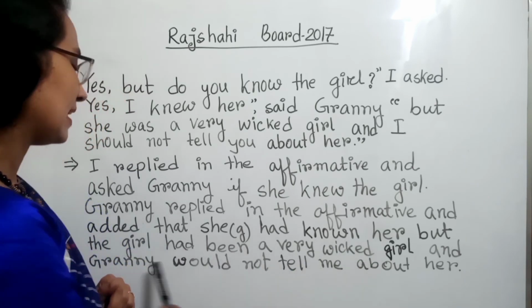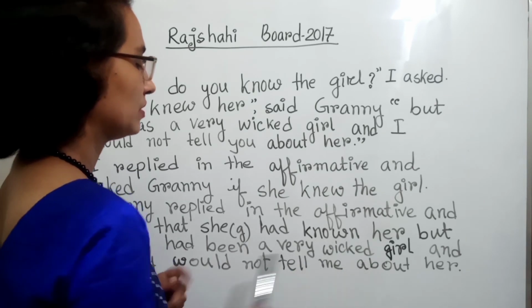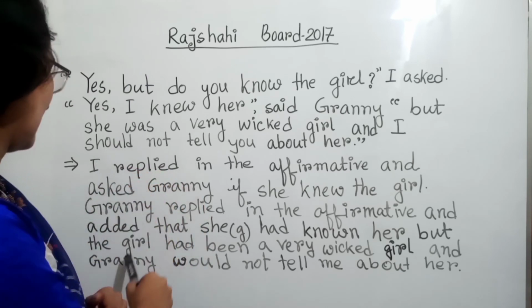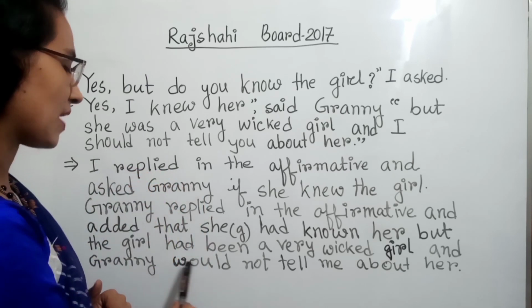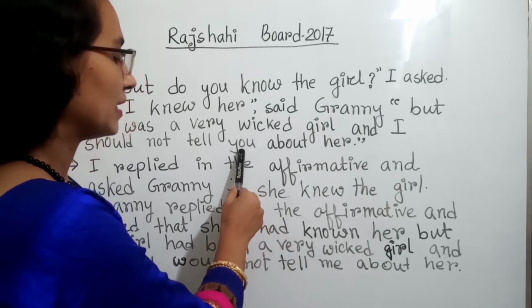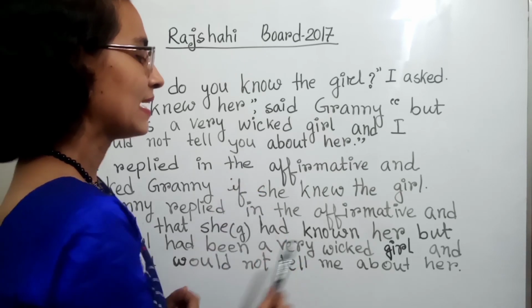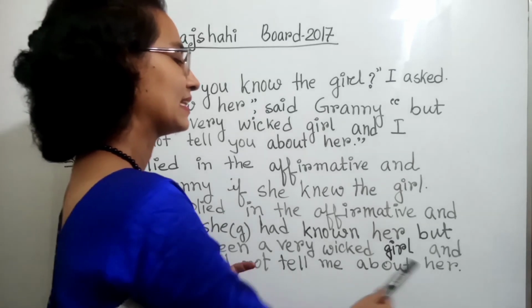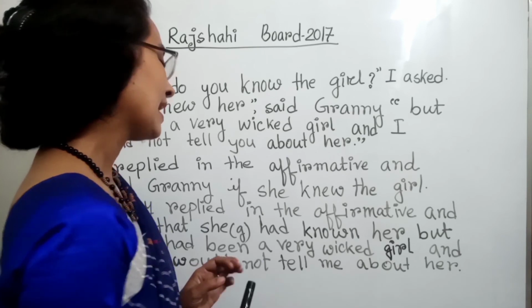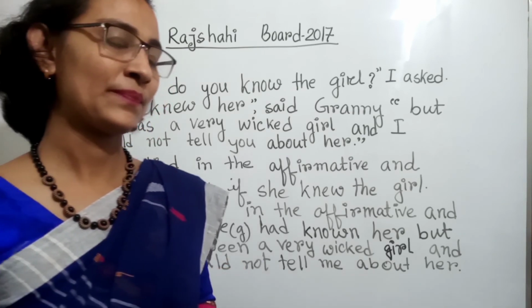And Granny would not tell me about her. Here the speaker was third person singular Granny. That's why I wrote here "would not." Tell me. Here "you" indicates me. That's why I wrote here "me" about her. That means Granny would not tell me about the girl.